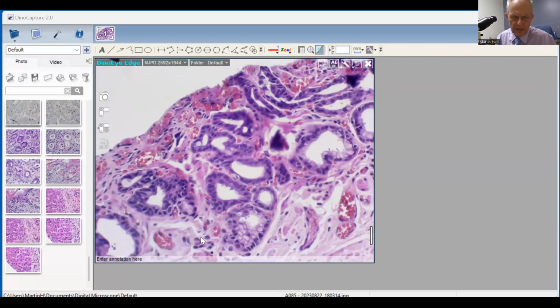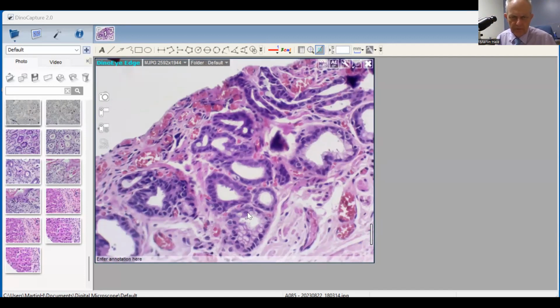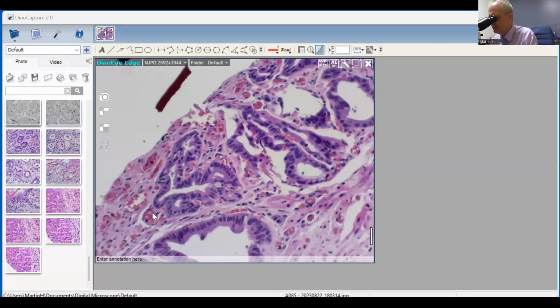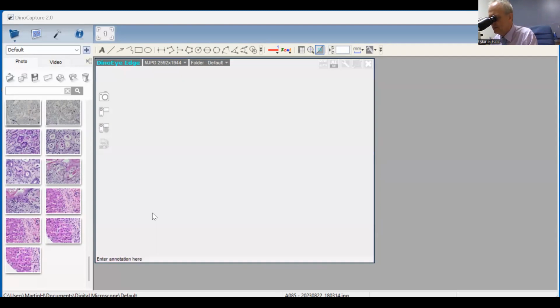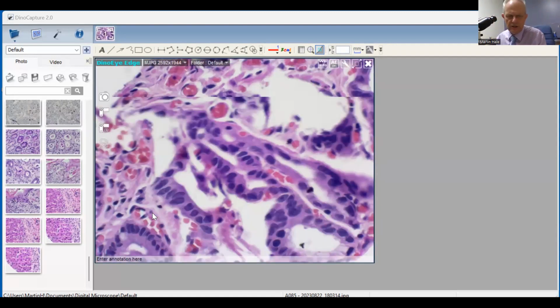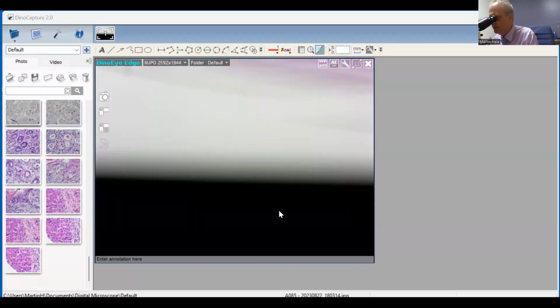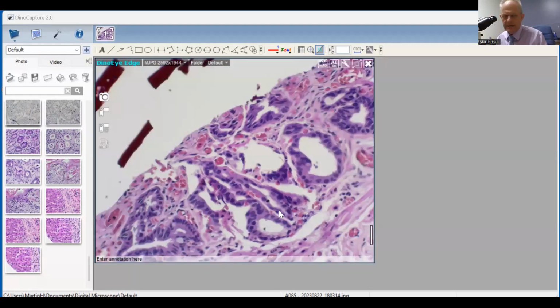Okay, this is all starting to fall into the category of high-grade dysplasia. Look at these huge nuclei. A cribriform architecture which is starting to develop. So that's certainly not low-grade dysplasia.